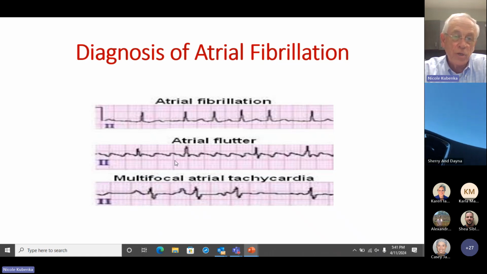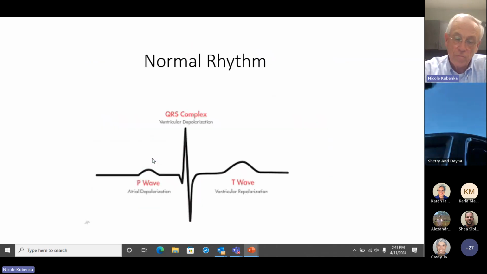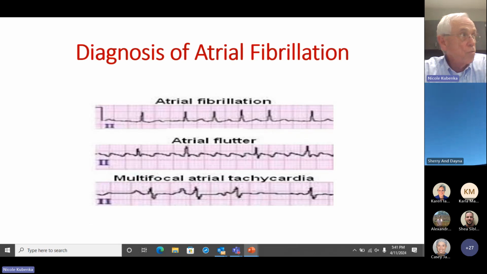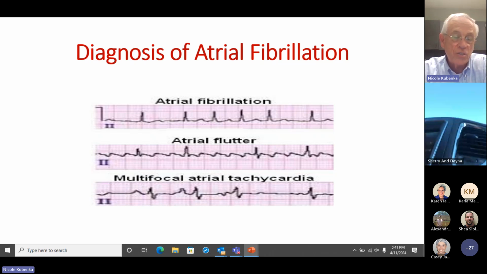Flutter is kind of in between. It looks like sawtooth, okay? So what happens here is with atrial flutter, the atrium is trying to contract, but it's not doing it very effectively. And it's a twitching sort of thing, but it's very regular.